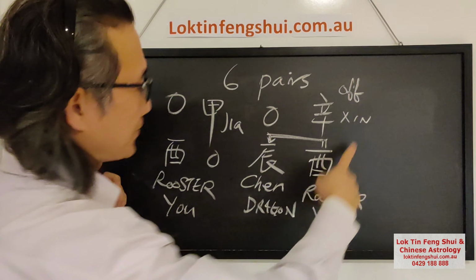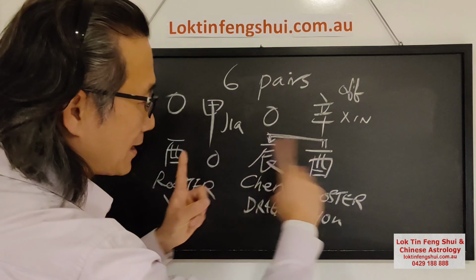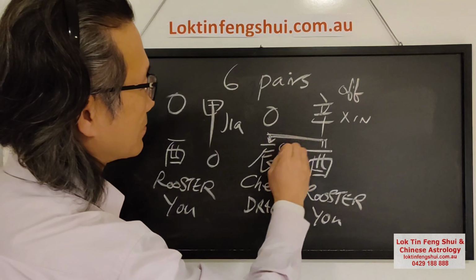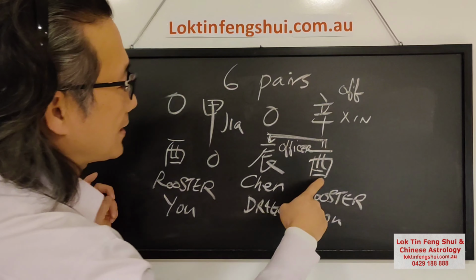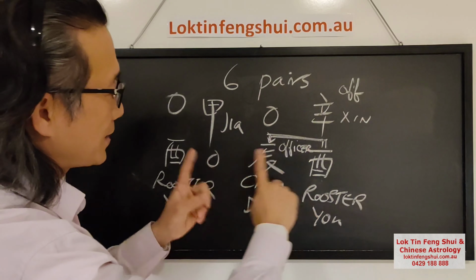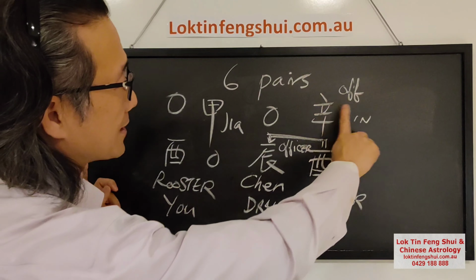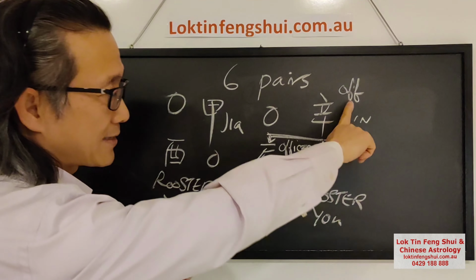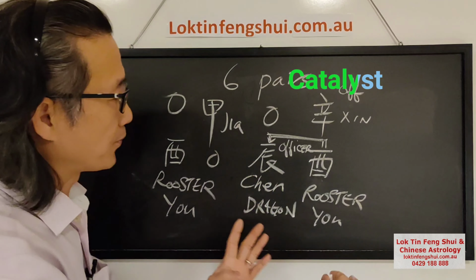So when this combines, they become officer. Both the rooster and the dragon transform into rooster. The transformation rule is that this is the catalyst or the trigger, so they can transform.